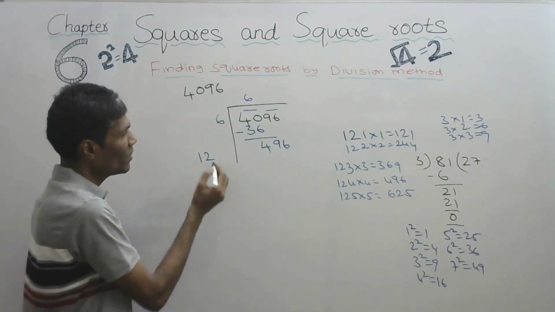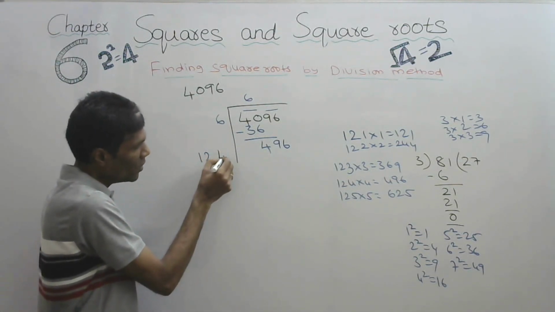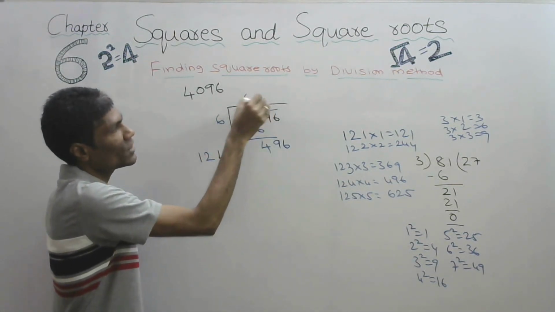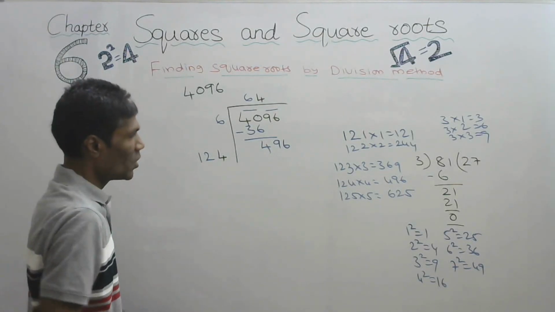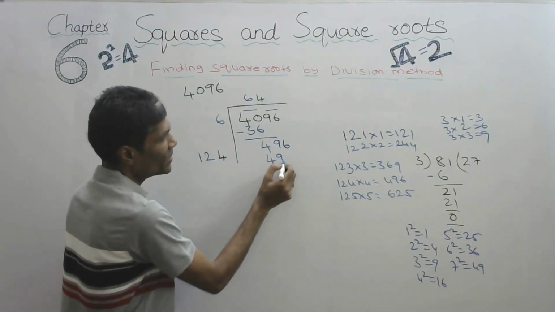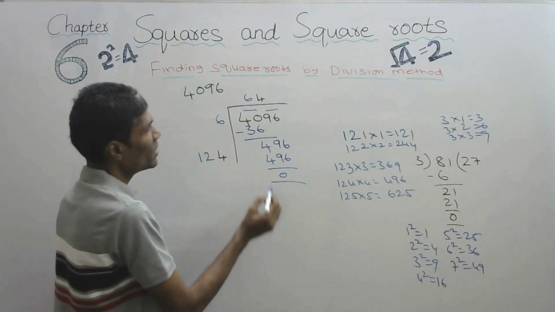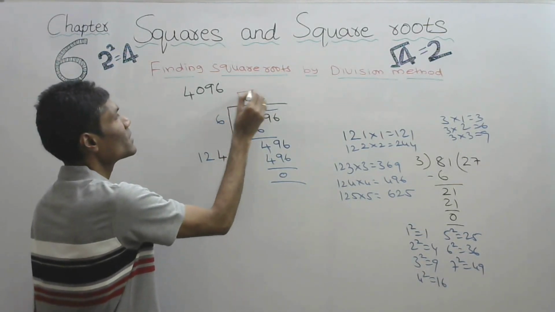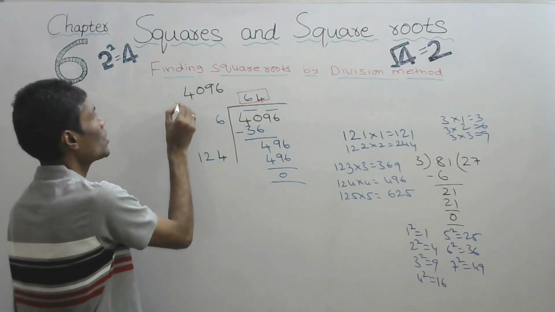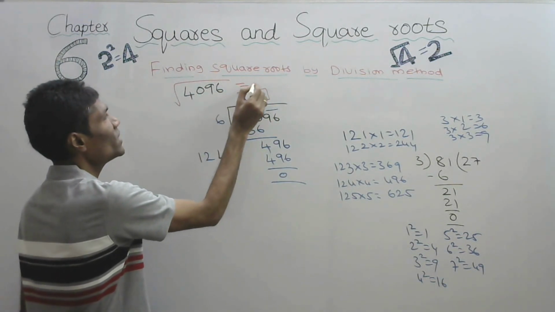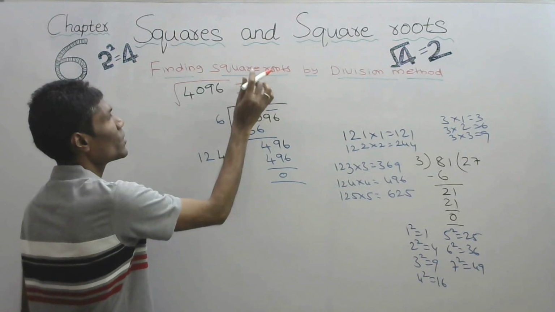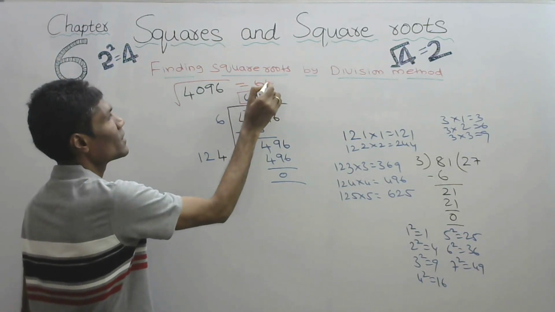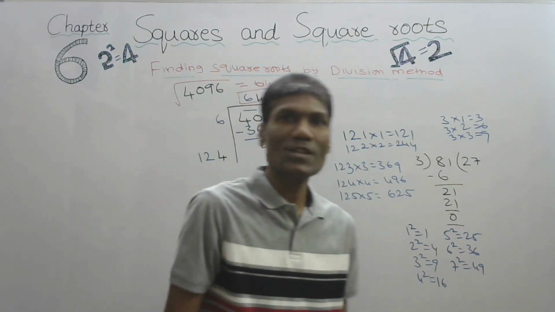So what will we do? 124 fours are, how much is it? 496. What is the answer? This is the answer. 64. So the root of 4096 is 64. This is the process.